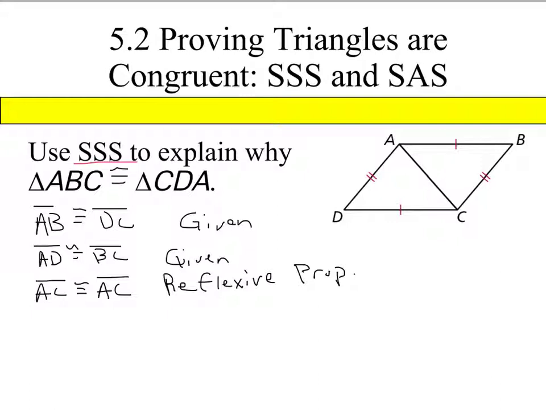Now all three sides of one triangle are congruent to all three sides of the other triangle, so I can safely presume that triangle ABC is congruent to triangle CDA because of the side, side, side theorem.